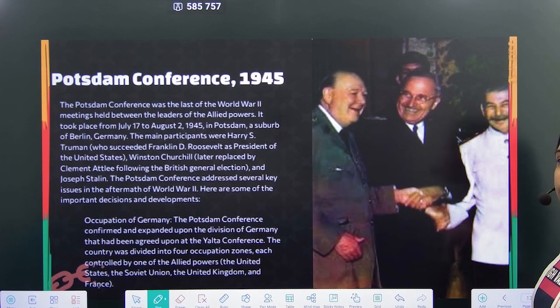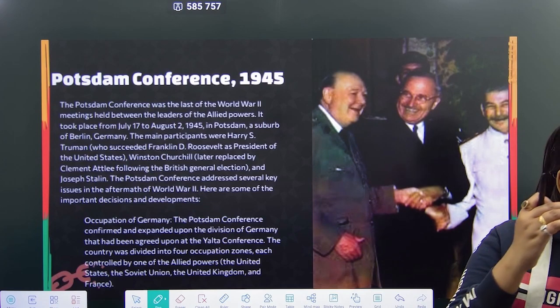After the Yalta conference, we had the Potsdam conference in 1945. This was the last of the World War II meetings held between the leaders of the Allied powers. It took place from July 17 to August 2 in Potsdam. Potsdam is actually in Berlin, Germany.